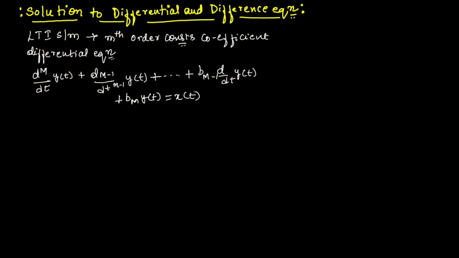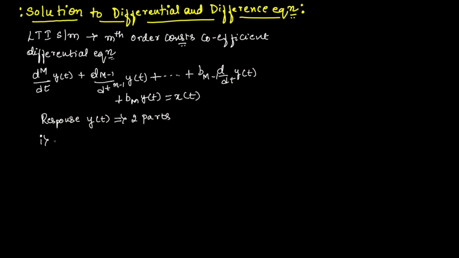Now if you find the solution to this equation, which is nothing but we are finding the response y(t) of the LTI system. The response y(t) consists of two parts.